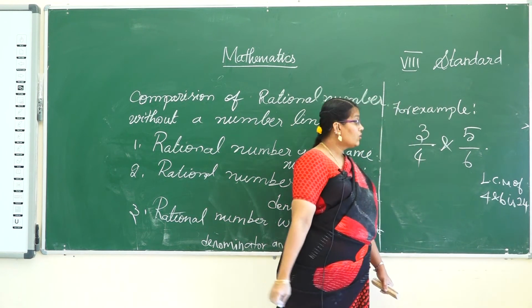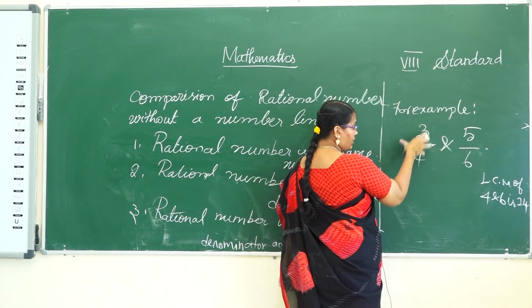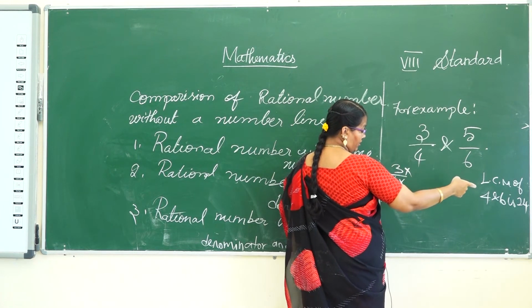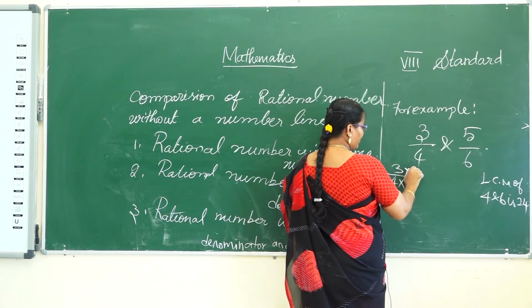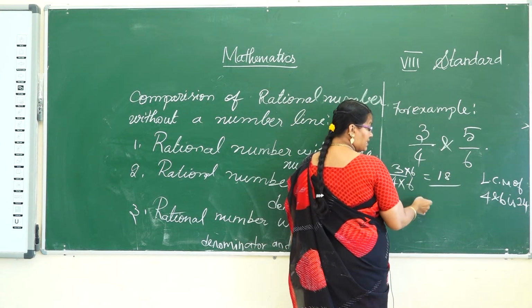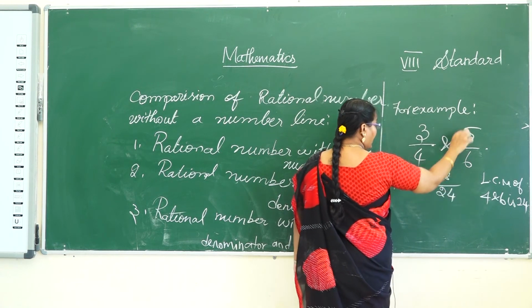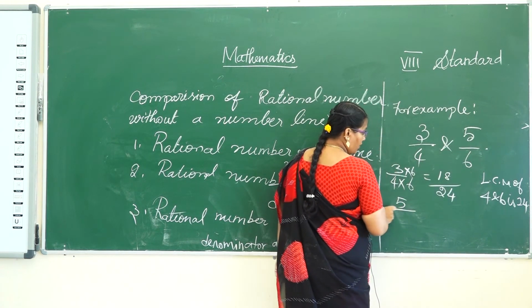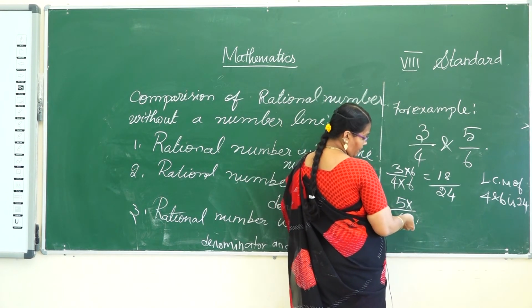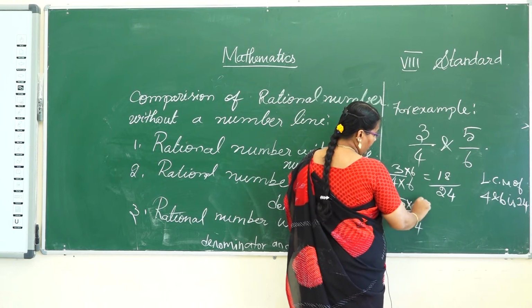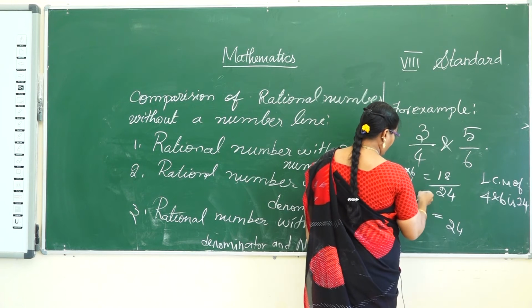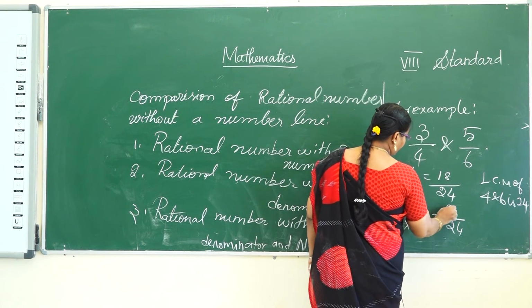For 3 by 4, multiply by 6 to get 24: 3 sixes are 18, 4 sixes are 24. For 5 by 6, multiply by 4 to get 24: 6 fours are 24, 5 fours are 20.